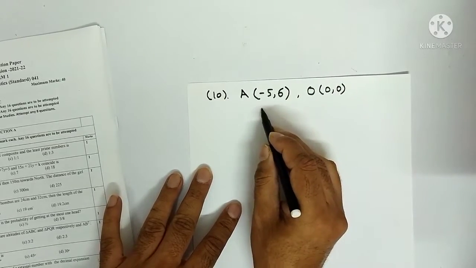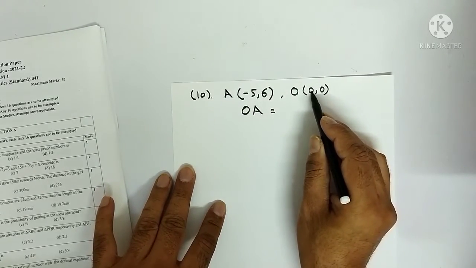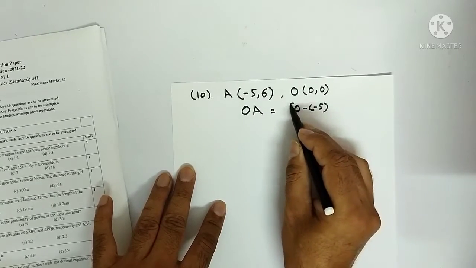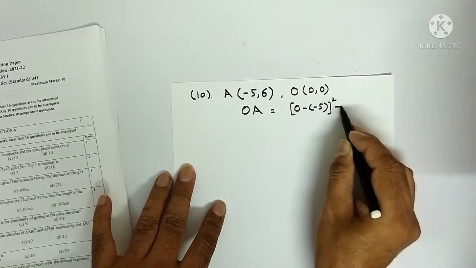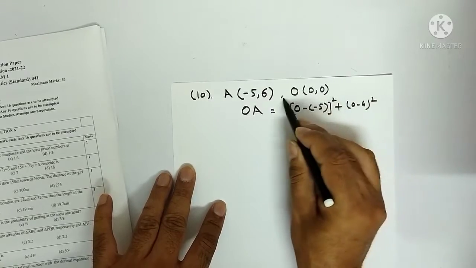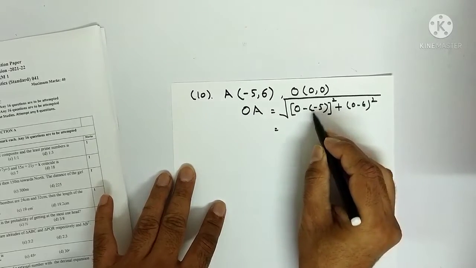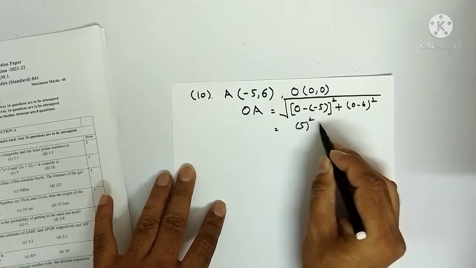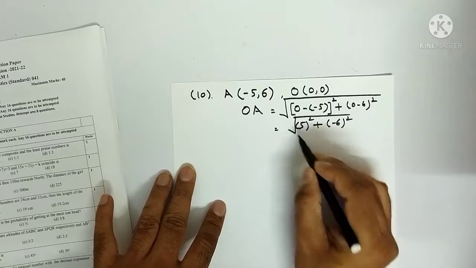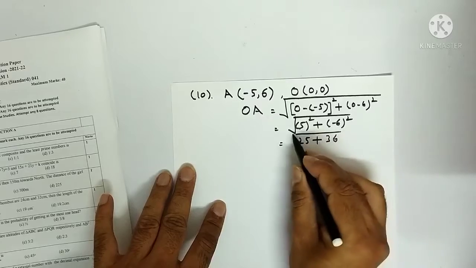It means we need to find OA. तो क्या होता है डिस्टेंस फॉर्मूला? x2 माइनस x1. सो 0 माइनस इंटू -5 इसका स्क्वेयर प्लस y2 माइनस y1, 0 माइनस 6 का स्क्वेयर और उसका आ जाएगा अंडर रूट. तो this is minus minus becomes plus. So it becomes 5 का स्क्वेयर प्लस माइनस 6 का स्क्वेयर. 5 square will be 25 and 6 square will be 36. Now you will add.